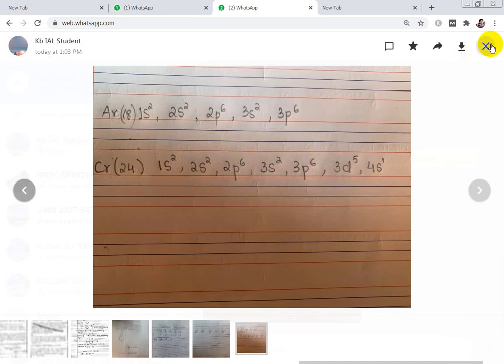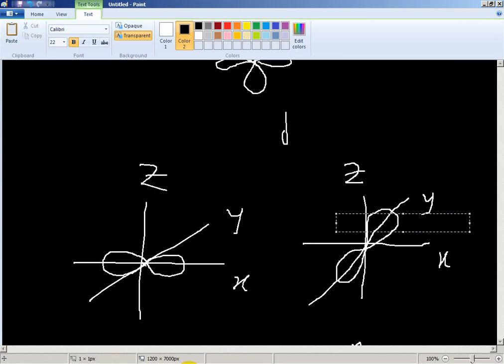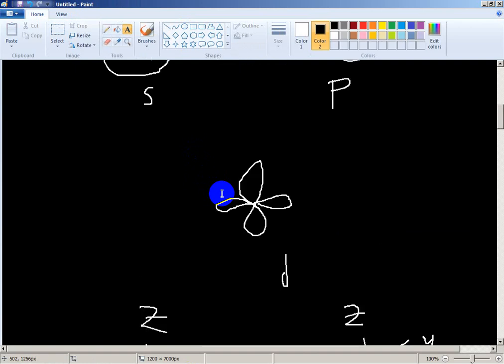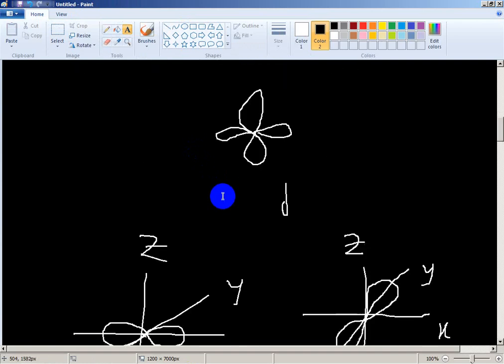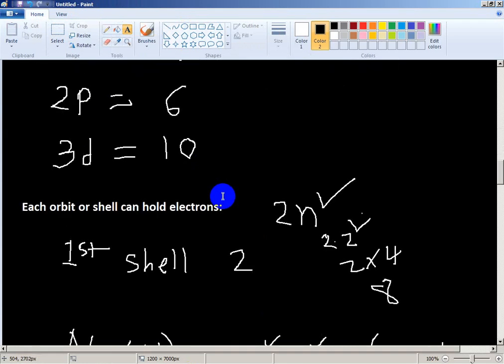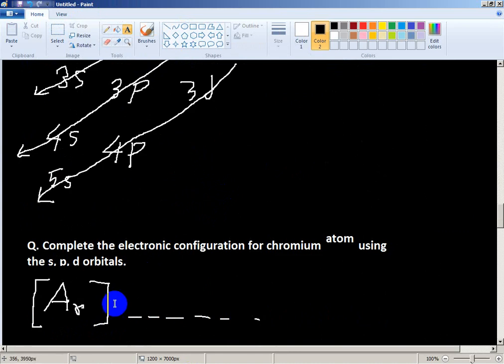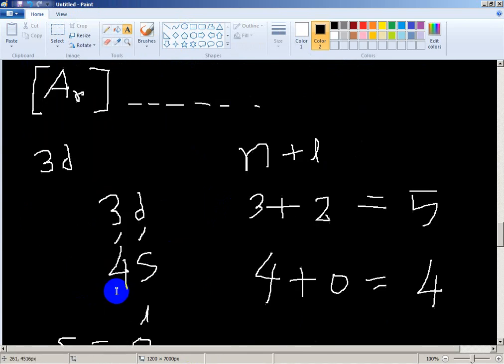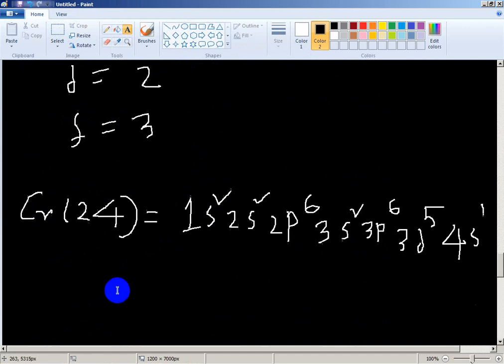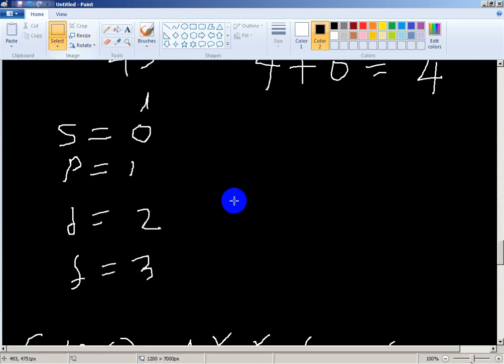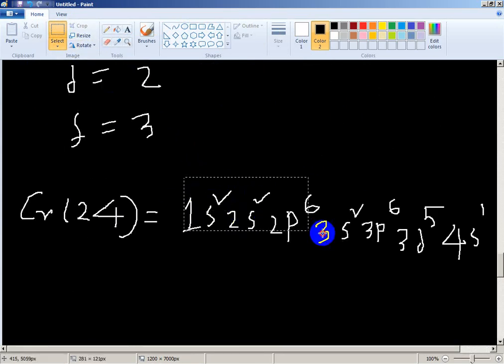Look at this question. Argon is given, like 18 are given. Argon means these things are already given here.